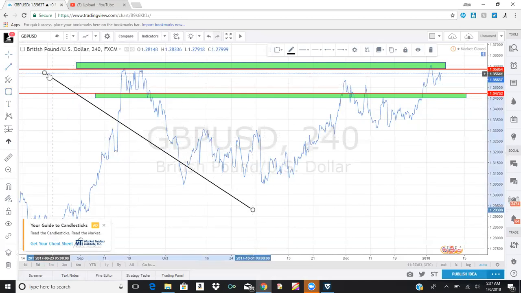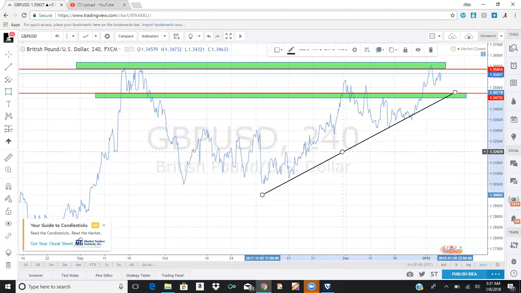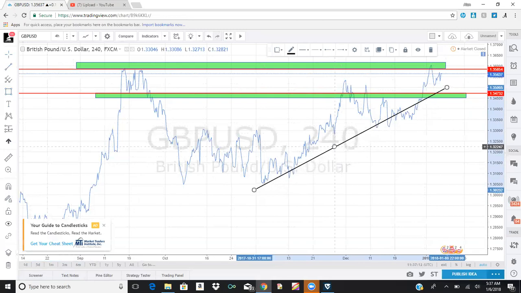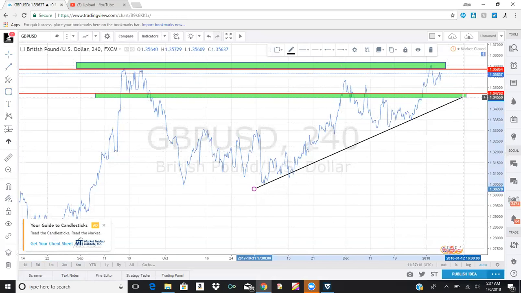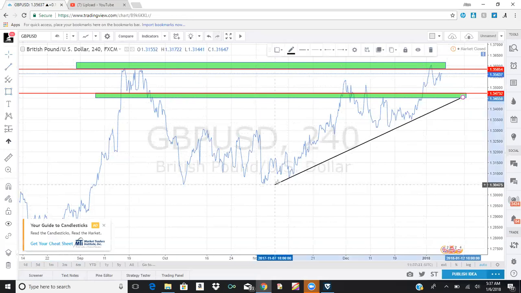Let me get out of this real quick. Let me drag this over. Cool. There's your trend line. You could also draw the trend line like that if you wanted, but there's your trend line.